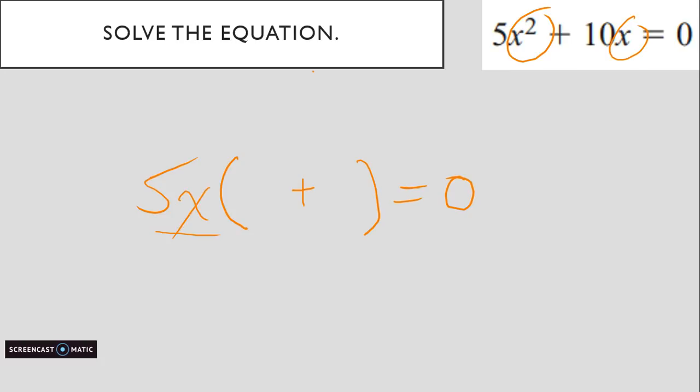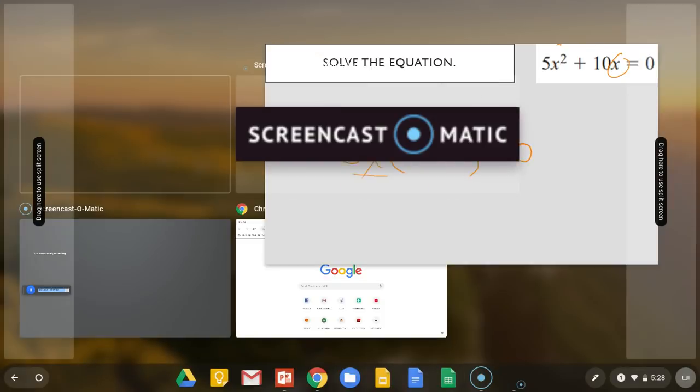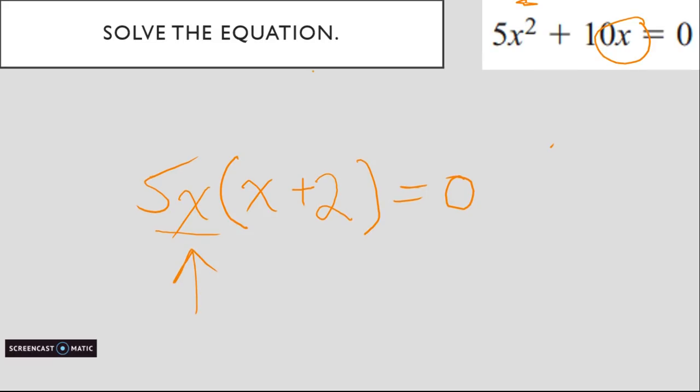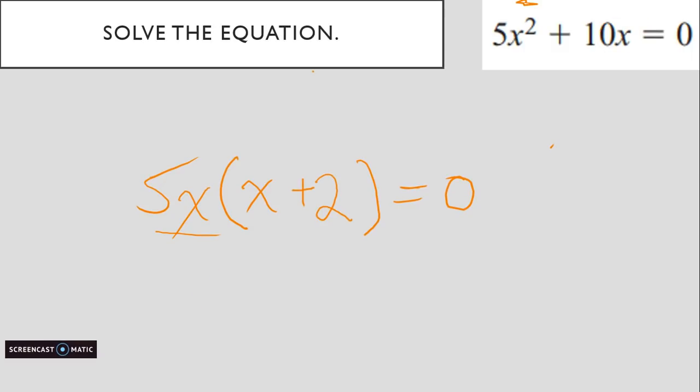So 5x times 1 is going to give me the 5. It's going to give me the 5x squared. Well, that's x so that I can get up to x squared. I already have the 5. 5 times what gives us 10? Well, that's 2. And then I already have one factor of x here, and I have one in the GCF, so I don't need any more factors of x.